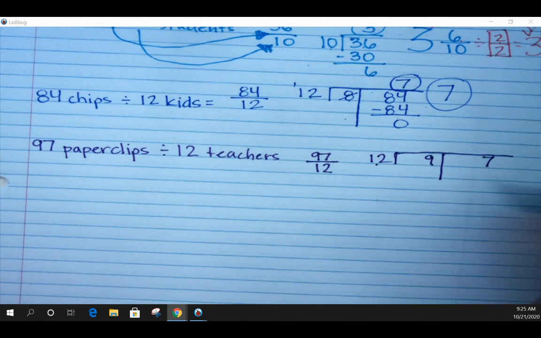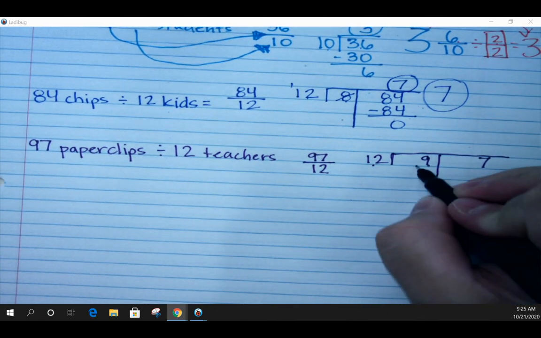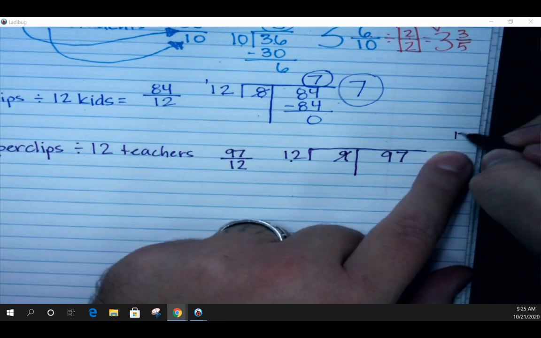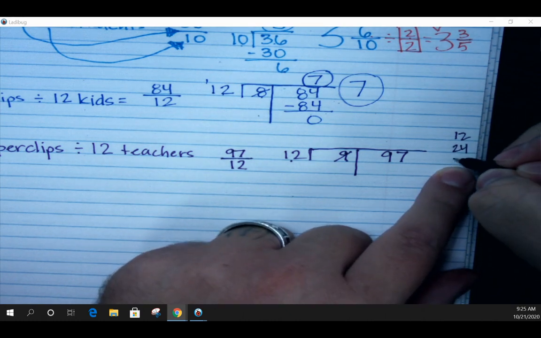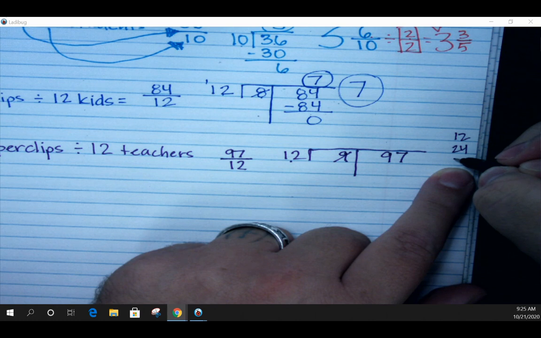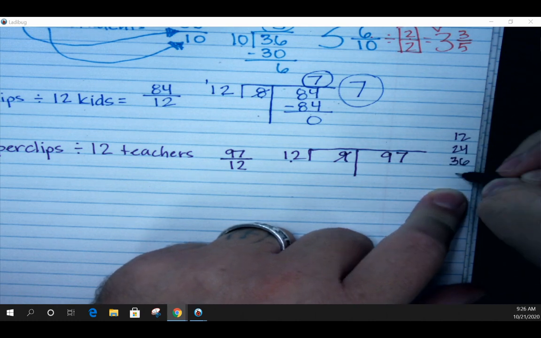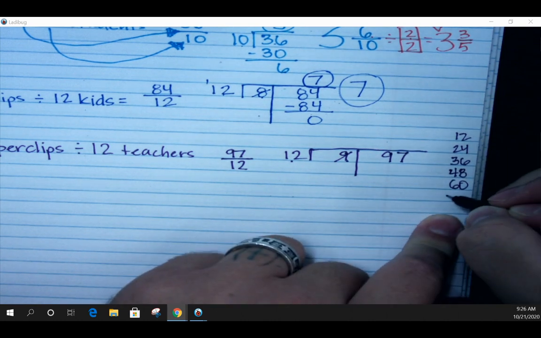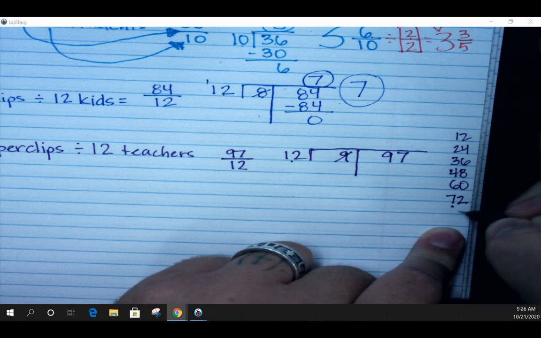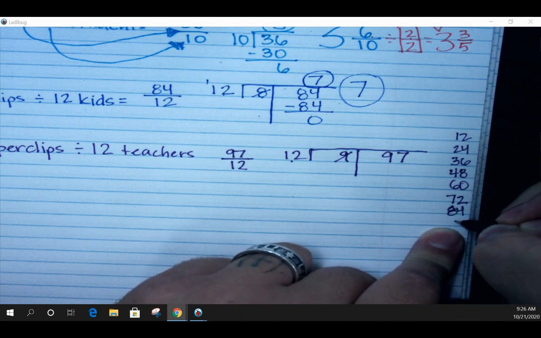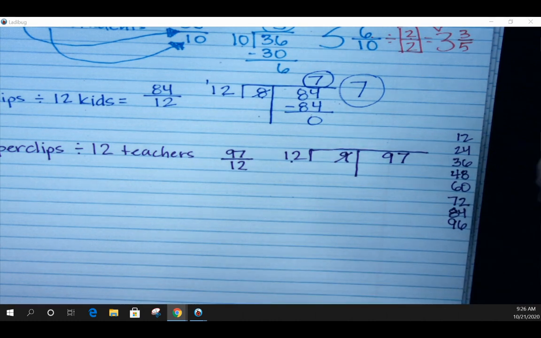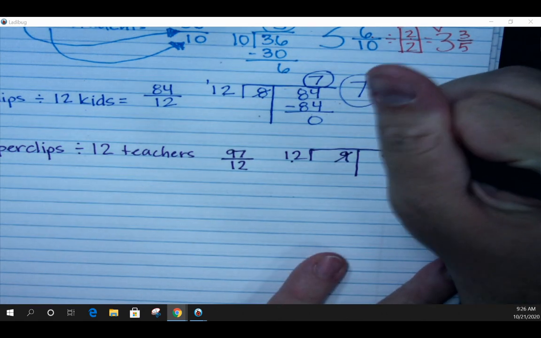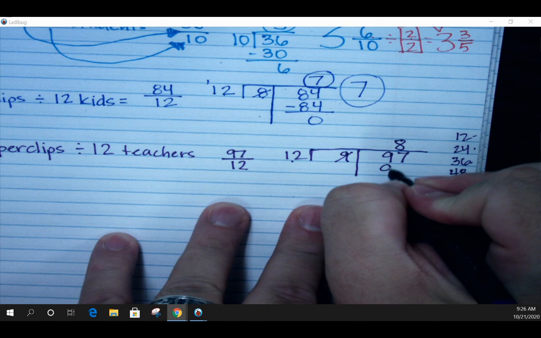How many times will 12 go into 9? 0, so I'm going to move my 9 over here. 12, 24. What's next? 36, 96. 1, 2, 3, 4, 5, 6, 7, 8. 8 times 12 is 96.